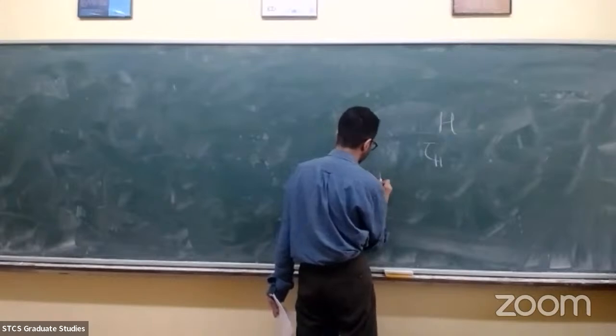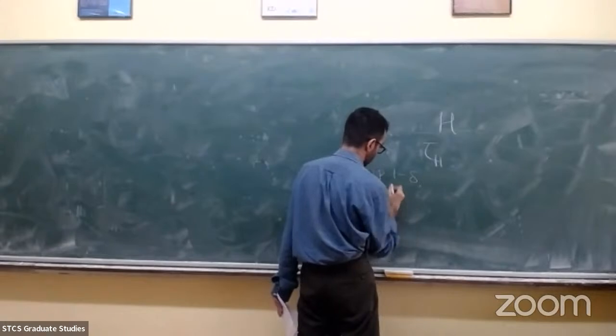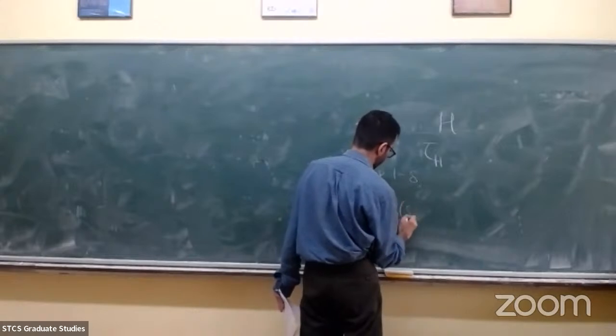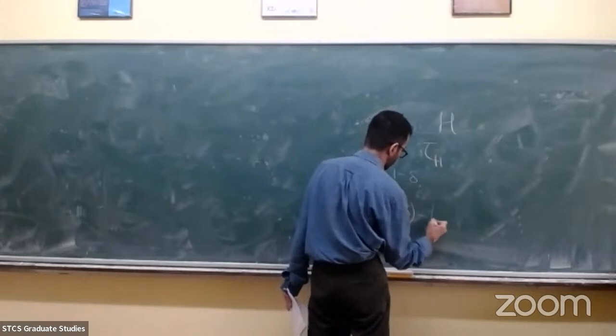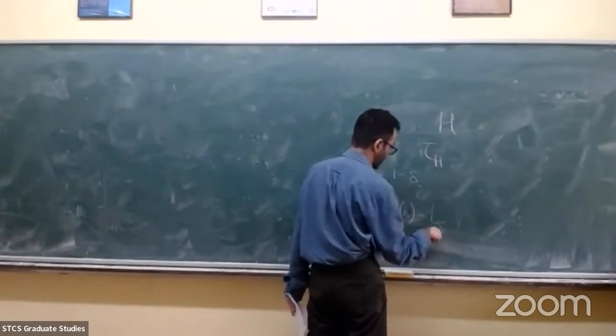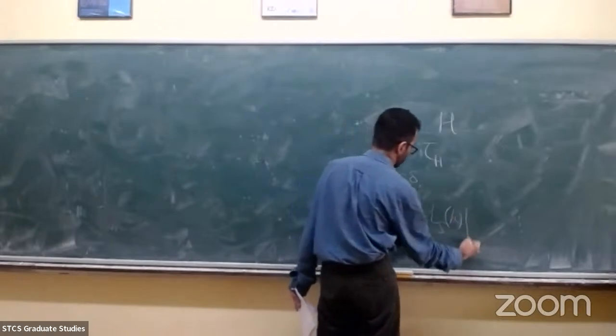With probability 1 minus delta, the difference between the true loss of h and the empirical loss of h is going to be small.